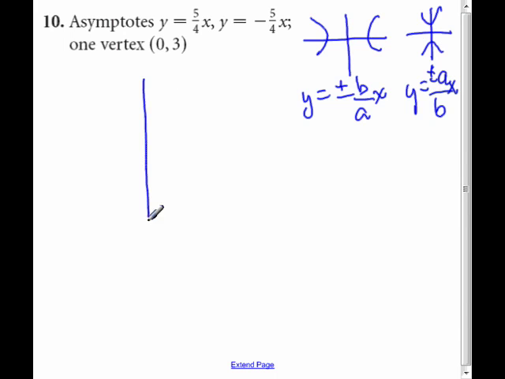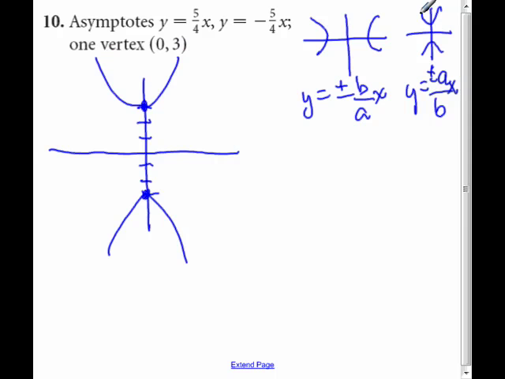Okay, well, they give me some other information, one of which is, one of the vertices is 0, 3. So 0, 3 right there. And if there's one at 0, 3, and it's centered on the origin, which this one is because the asymptote doesn't have anything else beside it, then those are my two vertices for the hyperbola.